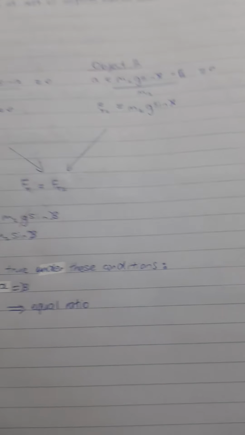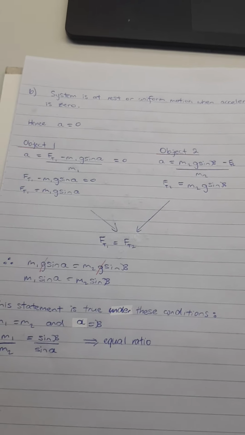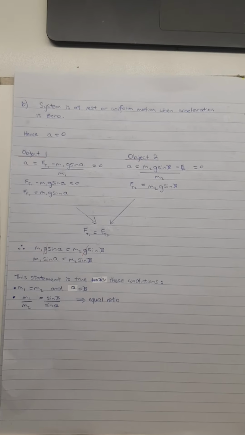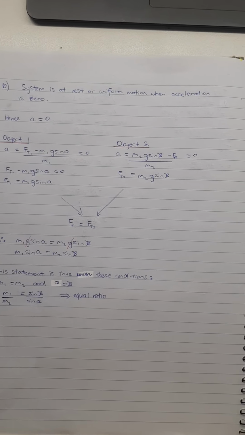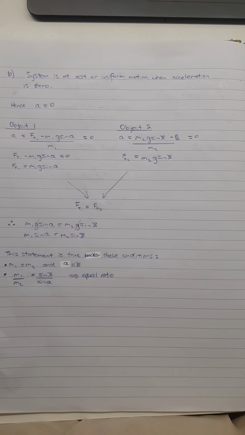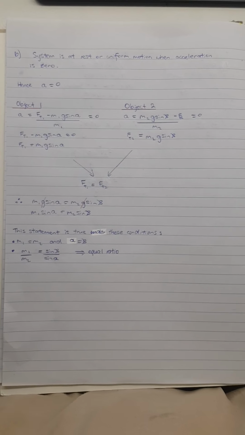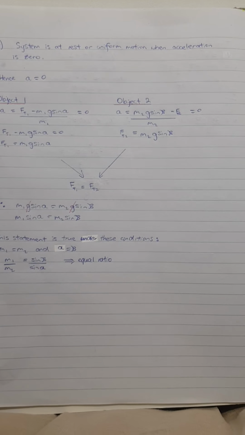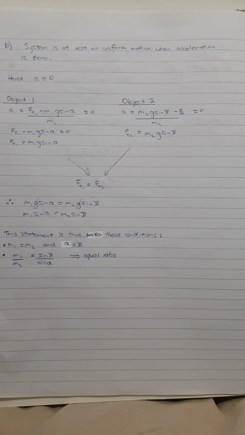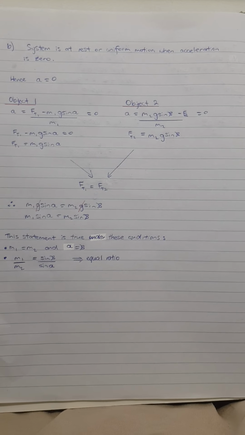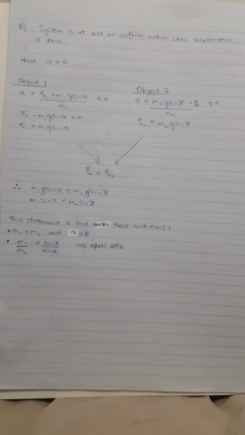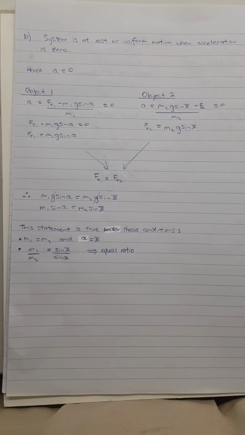Part B asked me to find conditions that the system is at rest or in uniform motion. I know through kinematics that a system is at rest or in uniform motion when the acceleration is equal to 0, so there's no force accelerating it or slowing it down.